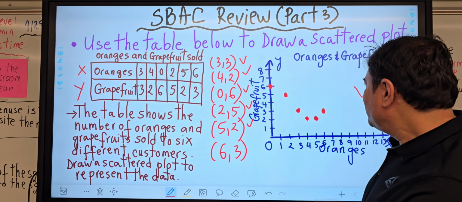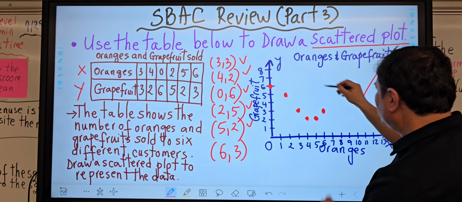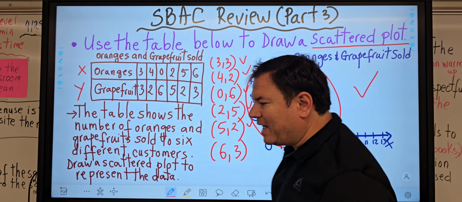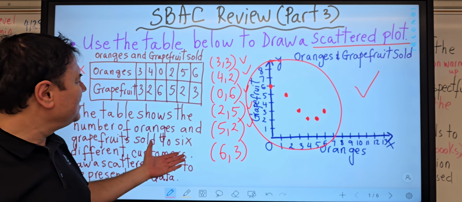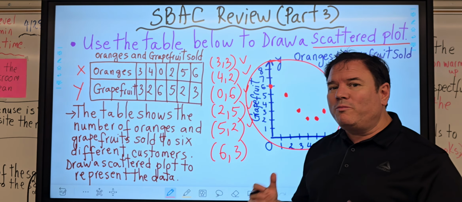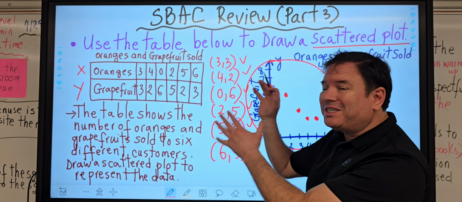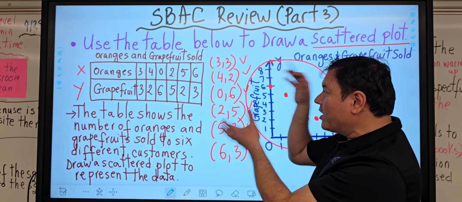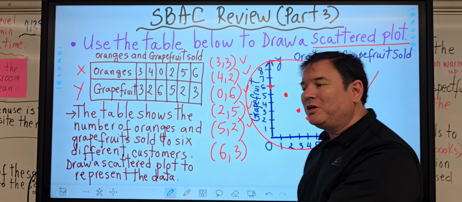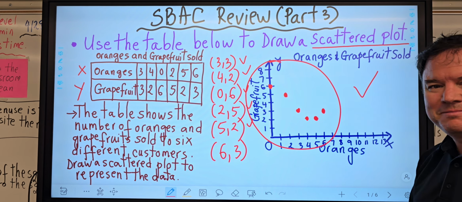And that's it. We created a scatter plot right here. So if they ask you a question like this on the test, first of all, make sure you create the ordered pairs from the table first. And then graph those ordered pairs on our graph here and create the scatter plot.